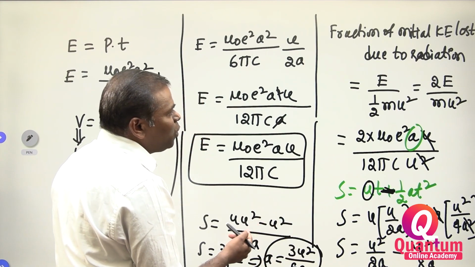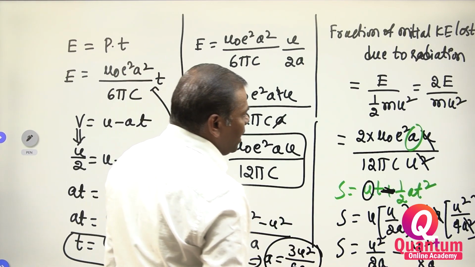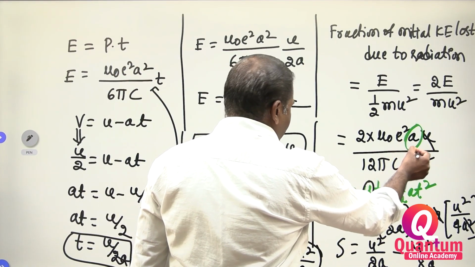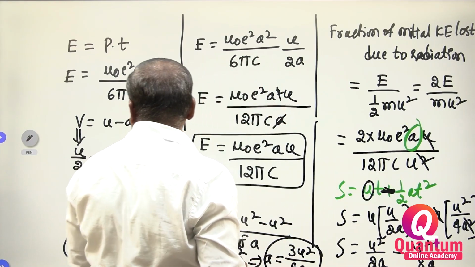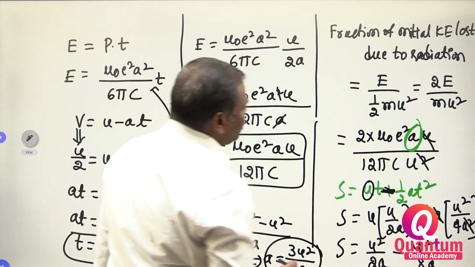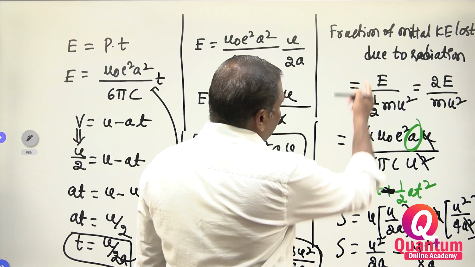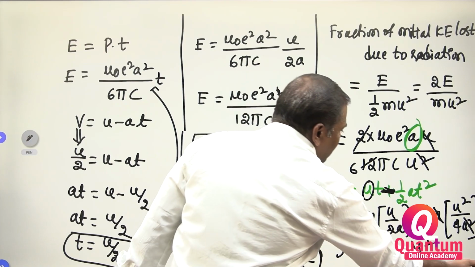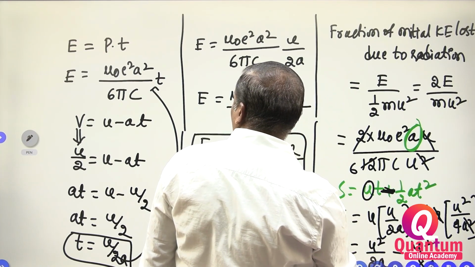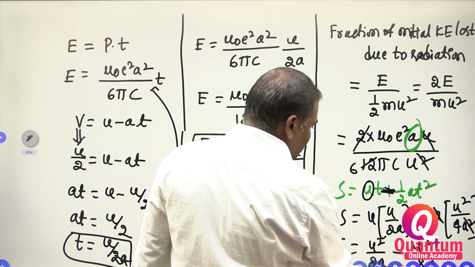This S value you have to substitute here. Instead of A, you have to substitute there. Therefore, the fraction of initial kinetic energy lost, one more page I have to take because space is not there.